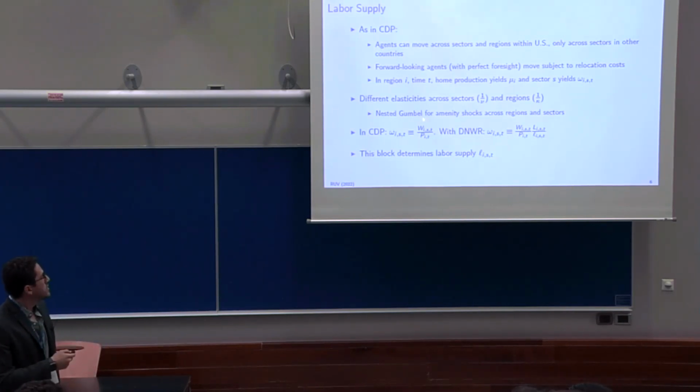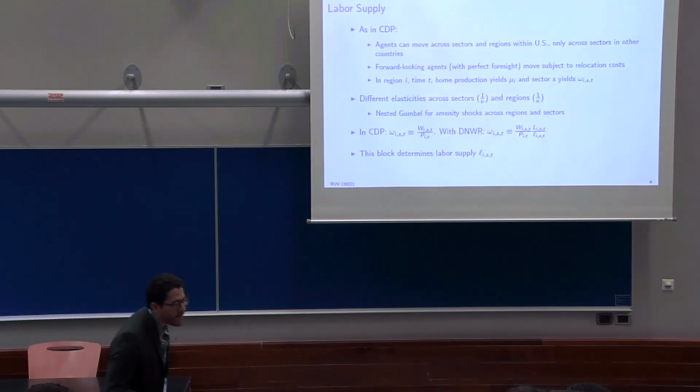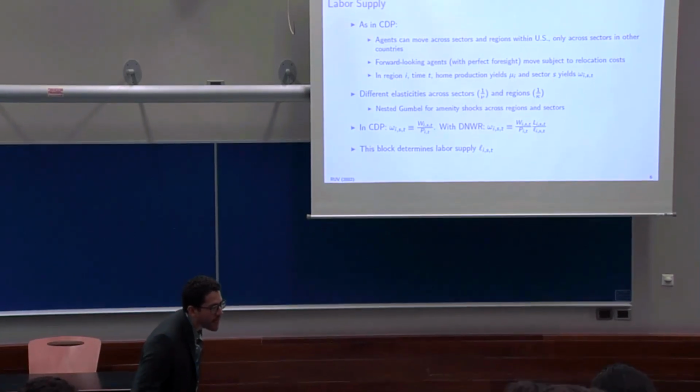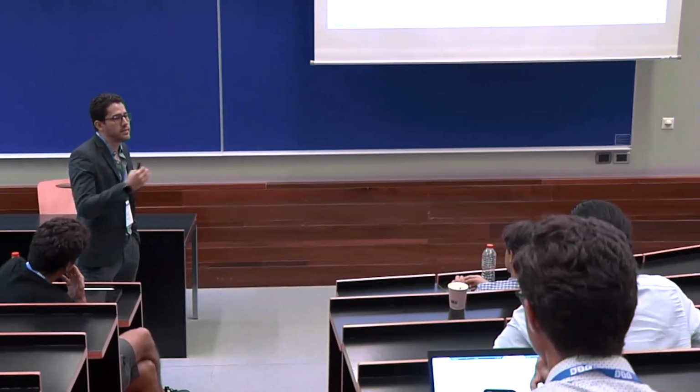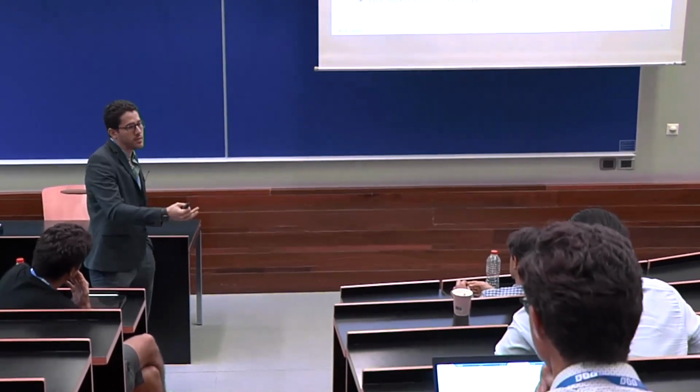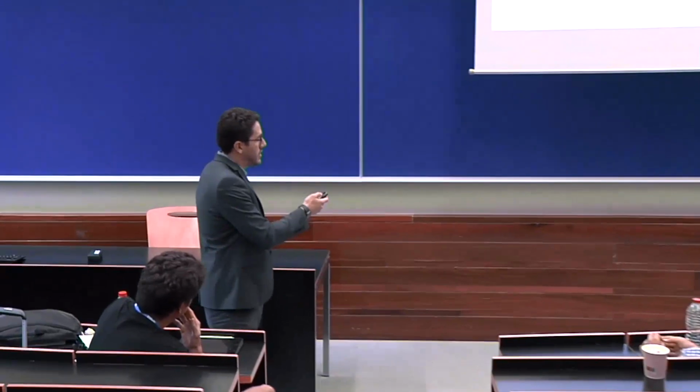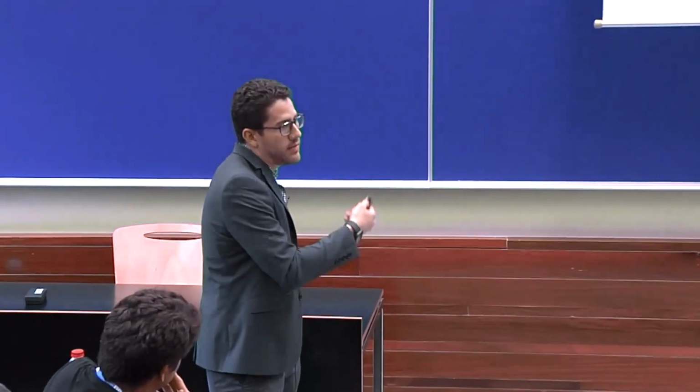And this block is going to determine the endogenous labor supply. You choose a sector and a region, and then you participate in that labor market, and you can be unemployed. But here, everyone is just going to receive this given the unemployment level.